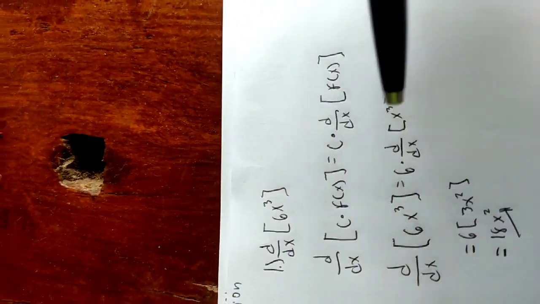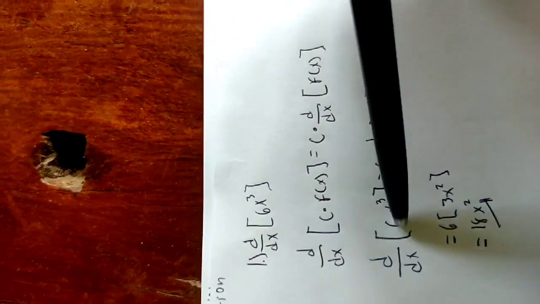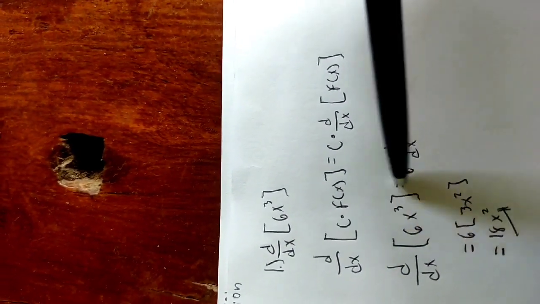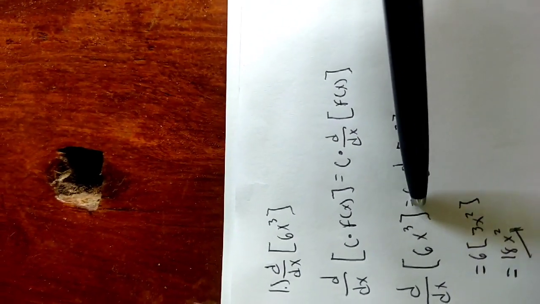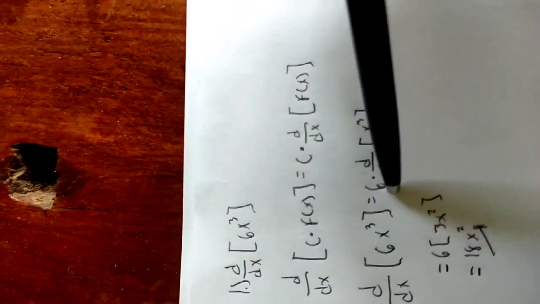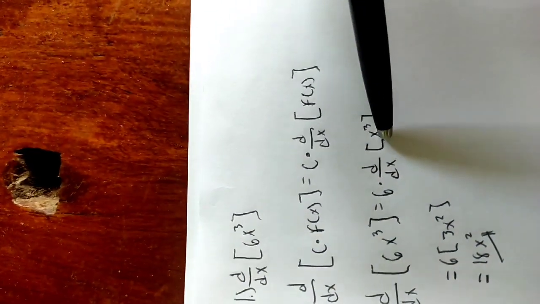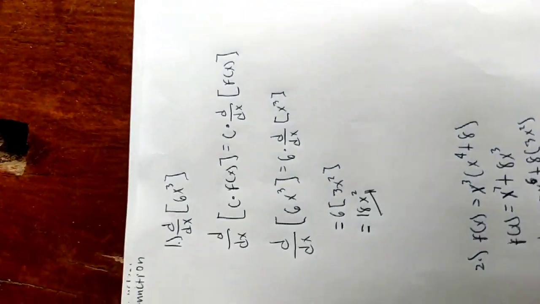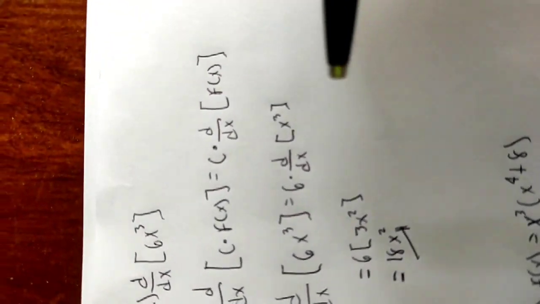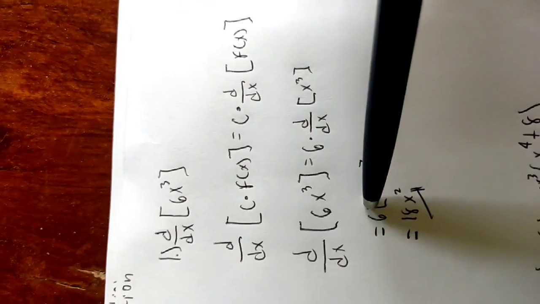So proceeding, we're going to input here what is given, so that will be the derivative of 6x cubed. We're going to use the formula: the 6 is our constant, times the derivative of the function, which is x cubed. Now what we're going to remain with is 6 times the derivative of x cubed, which is 3x squared.